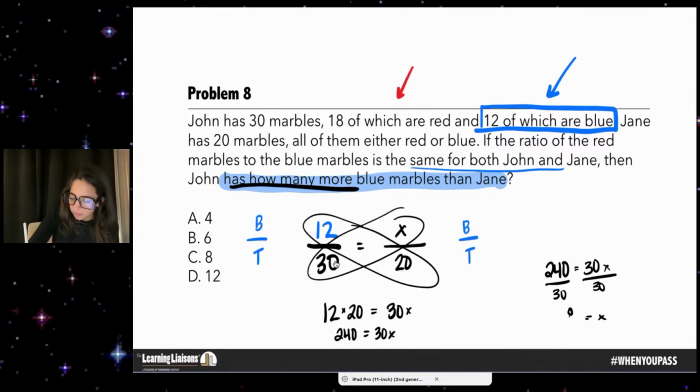X equals 8. That's how many blue marbles Jane has. But don't let that distract you from choosing that answer, because that is not the right answer. The question was, John has how many more blue marbles than Jane? 12 minus 8 equals 4.